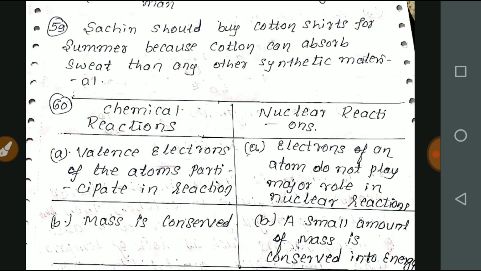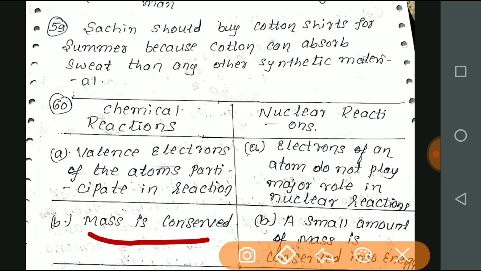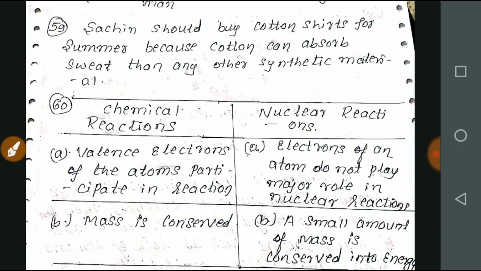That is, in chemical reaction, valence electrons play a major role, whereas in nuclear reaction, electrons of an atom do not play a major role. Then, mass is conserved in chemical reaction, whereas in nuclear reaction, a small amount of mass is converted into energy. So this is the required answer.